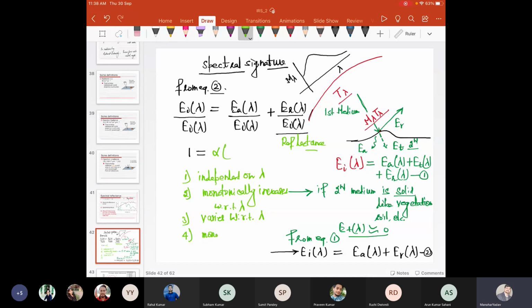Monotonically decreases. For alpha, that is the reflectance of the material, which option is correct?